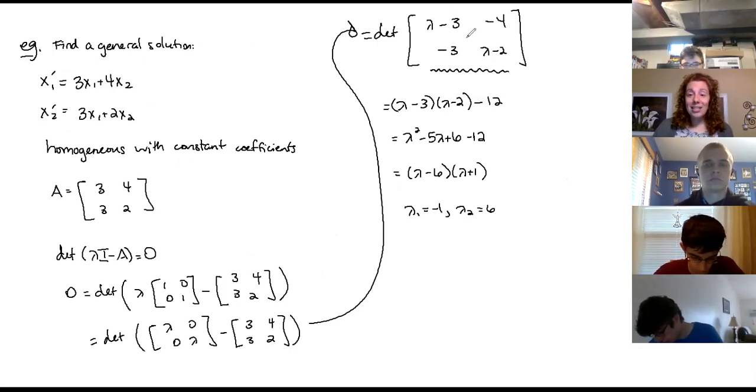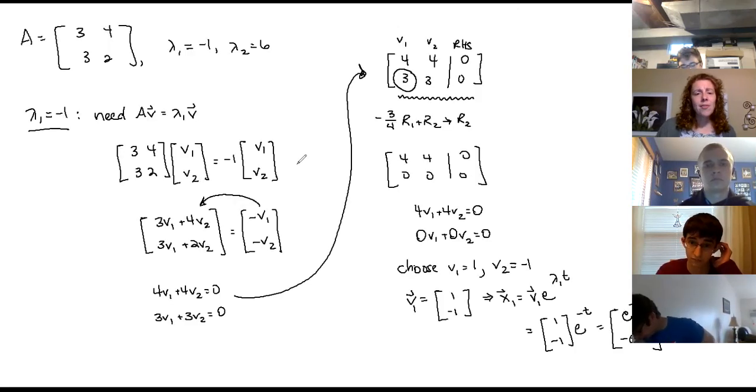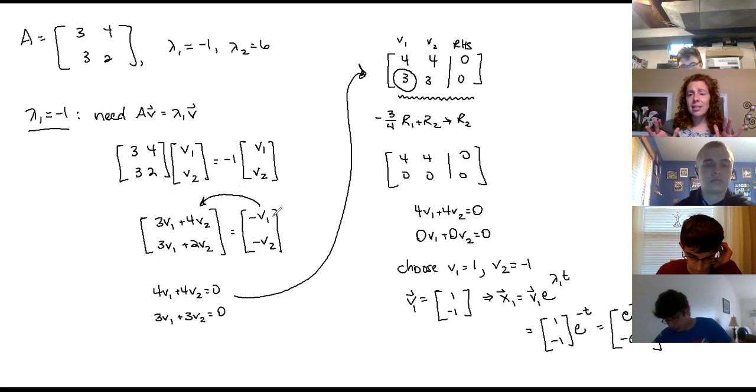The only difference is that everything's negative instead of positive, because I took the negative V1, negative V2 over to this side of the equation. I could have just as easily taken all of this over to the right-hand side. It doesn't matter. You're still going to get the same answer either way.